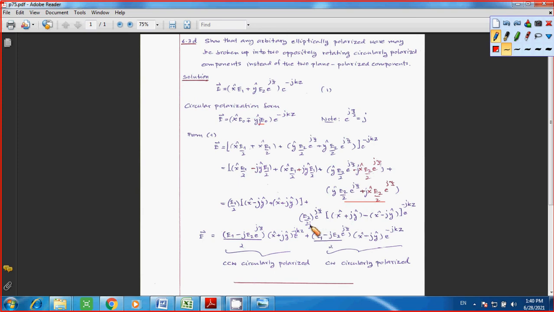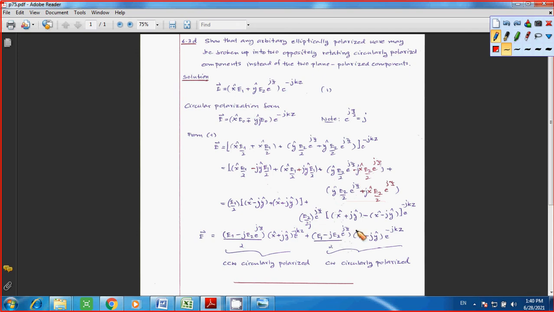When you multiply back in the bracket, it's back to only your unit vector y, right? And then multiplied by E2 exponential j psi for this term.